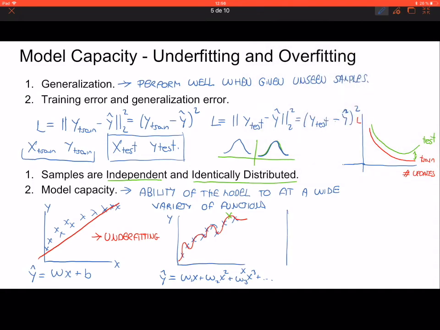Because we know this is a parabola, we need a model that looks like this. We just need second order terms, and this will be the right capacity for this data cloud.